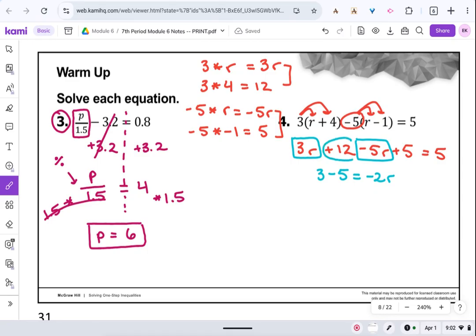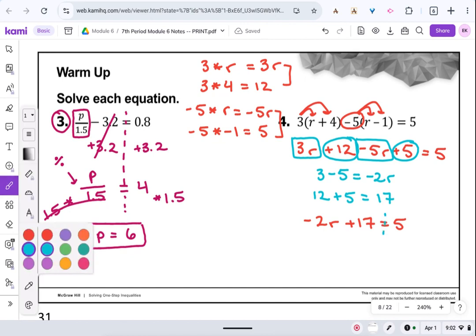And then I also have a number 12 and a number 5 that are going to go together. So I can take 12 plus 5, and that's going to get me 17. Those are going to be my new terms that will go on this left-hand side, so -2r plus 17 equals 5.